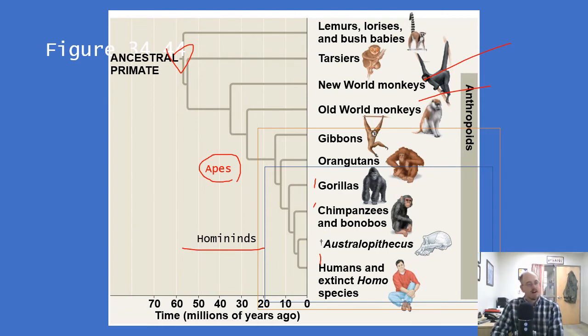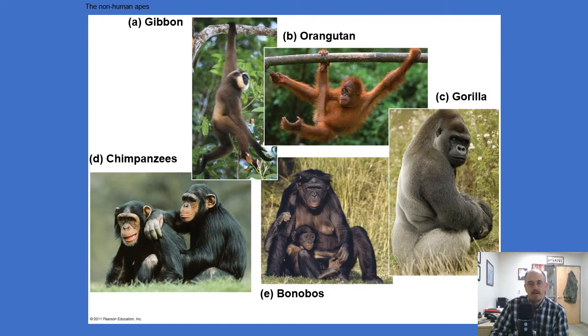Okay, so modern humans don't really show up till about 1 million years ago or so, right? And we split from our common ancestor with chimpanzees 8 or so million years ago. So it's been a while since we shared a common ancestor with them. But if we look here, we can see some of this group here: the gibbons, orangutans, chimpanzees, bonobos, all of which I'm sure are somewhat familiar to you.